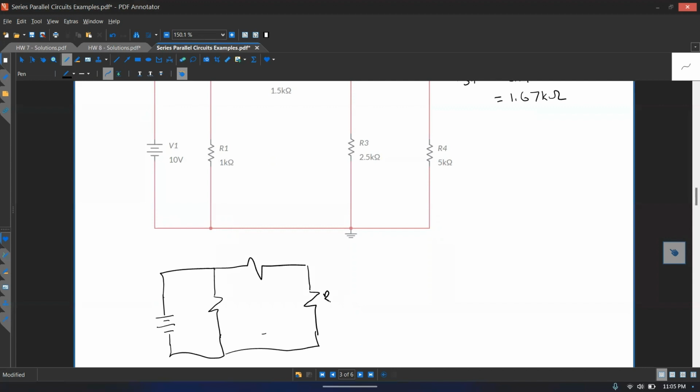This is R3 in parallel with R4, which is 1.67 kilo ohms. And this is R2, which is 1.5 kilo ohms. And this is your R1, which is 1.1 kilo ohms.